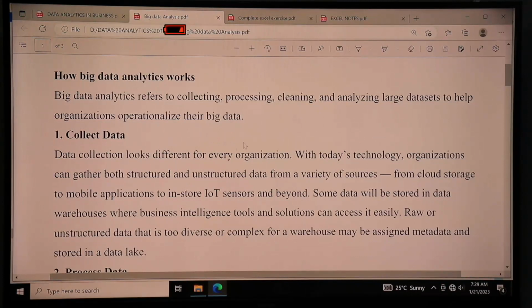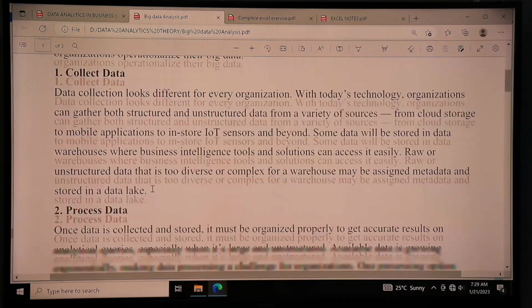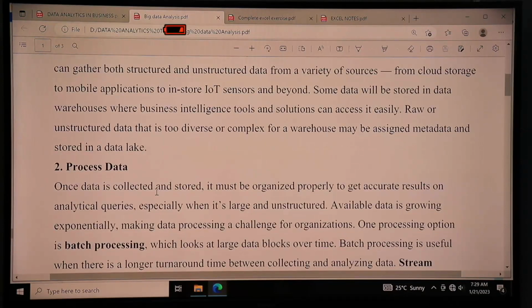We have the data capturing tools. Some use machines to collect the data. Others, data is entered manually by users. Then this data is processed, that is, it undergoes processing.